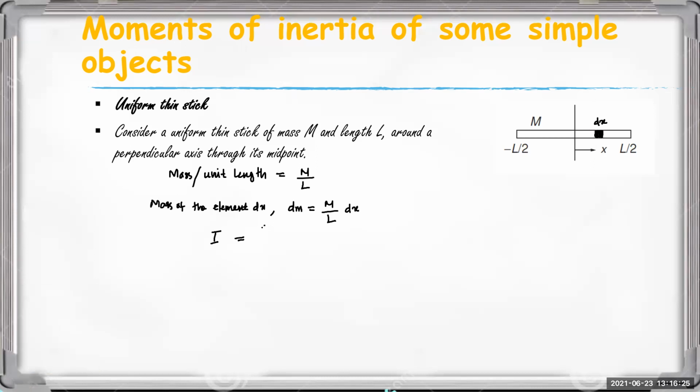It is actually equal to integral rho square dm. But here what is rho? The perpendicular distance, that is x. Then it is x square. What is dm here? It is m by l into dx.